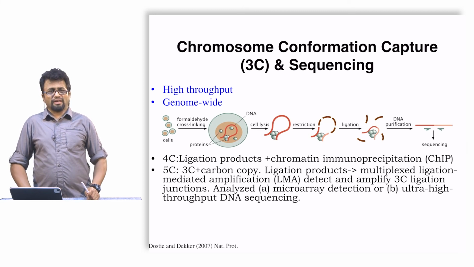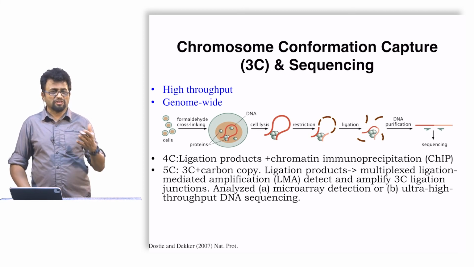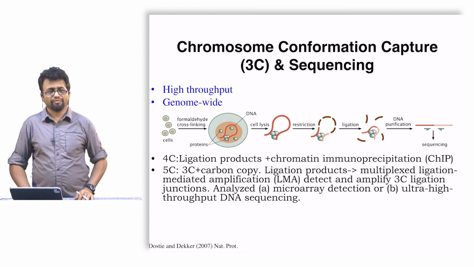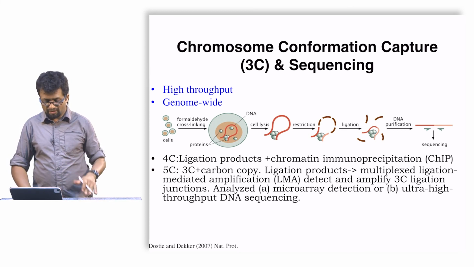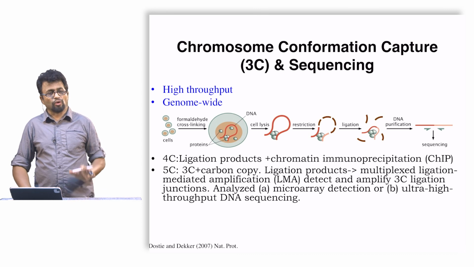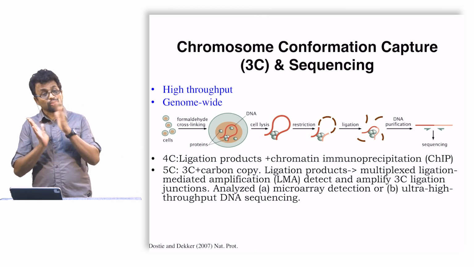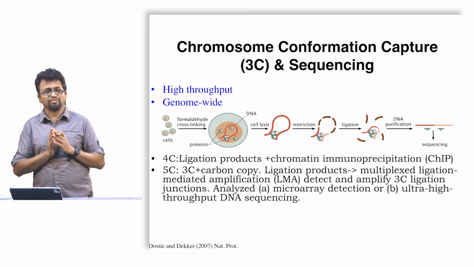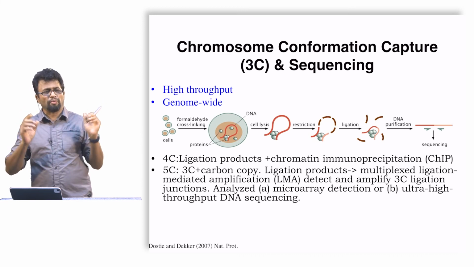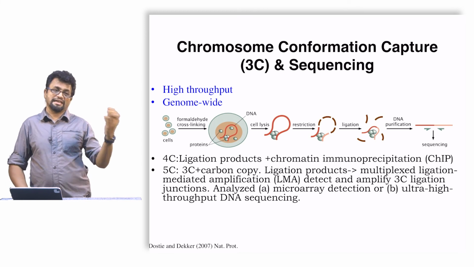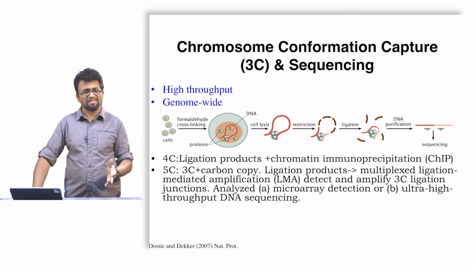This kind of ligation product with chromatin immunoprecipitation, which is where the immunoprecipitation chips may come in, allows us to know not just what parts of the DNA were close to each other, but also what proteins bound to it, and that is part of the chromatin immunoprecipitation. The immuno part is to detect a certain protein that is on a certain chromosomal region.